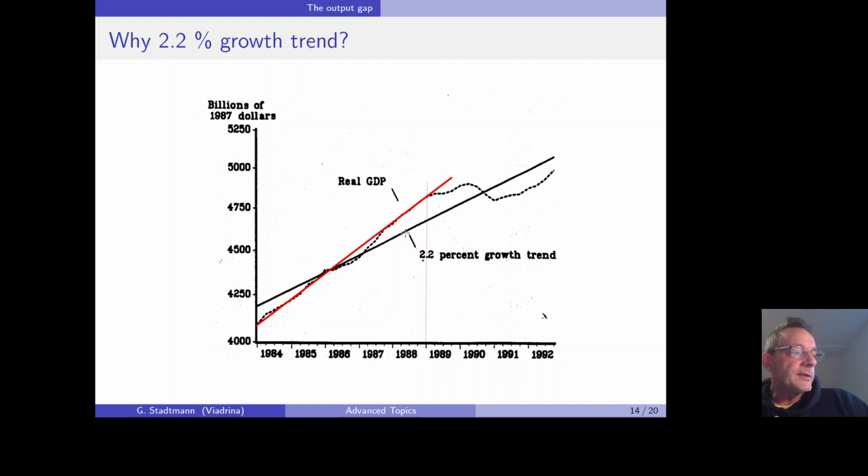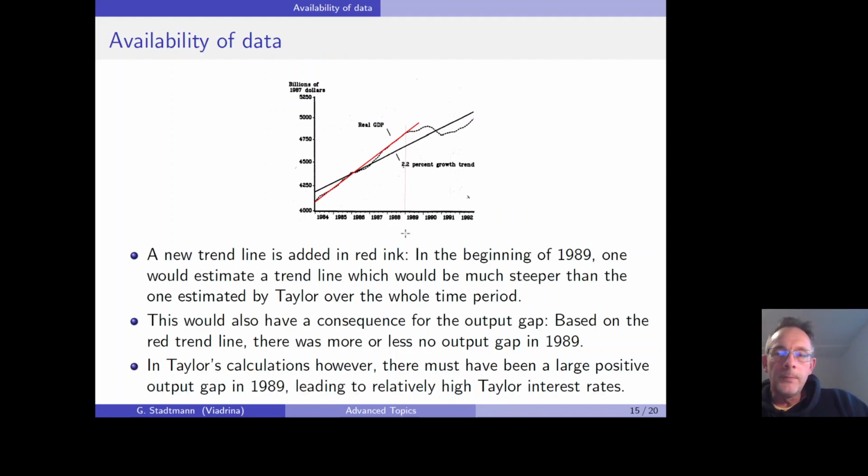Before we do that, I would like to talk about one additional problem, the availability of data. Here, I added a new trend line in red ink. It begins in the beginning of 1989, which is here. We only have information available from 1984 to 1989.